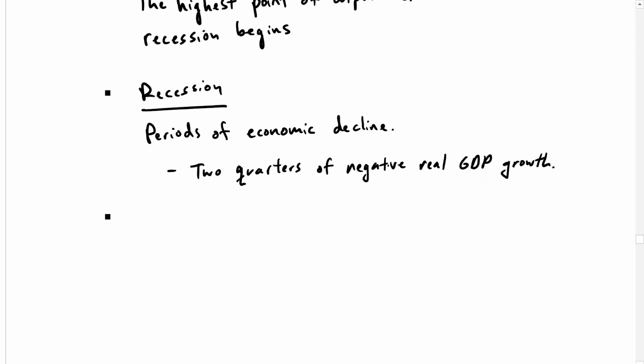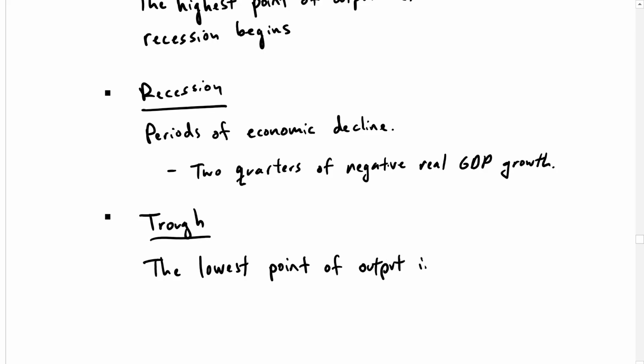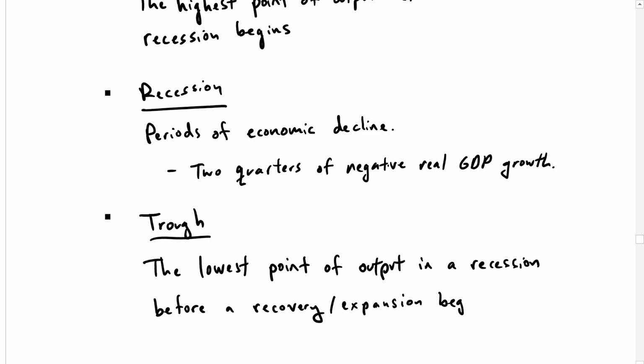And then at the bottom of the recession, before the next recovery, is the trough. And this is the lowest point of output in a recession before a recovery, or we could just call it back to the expansion, begins.